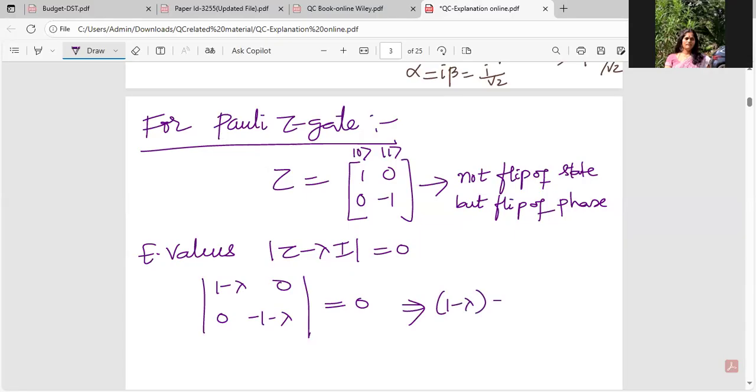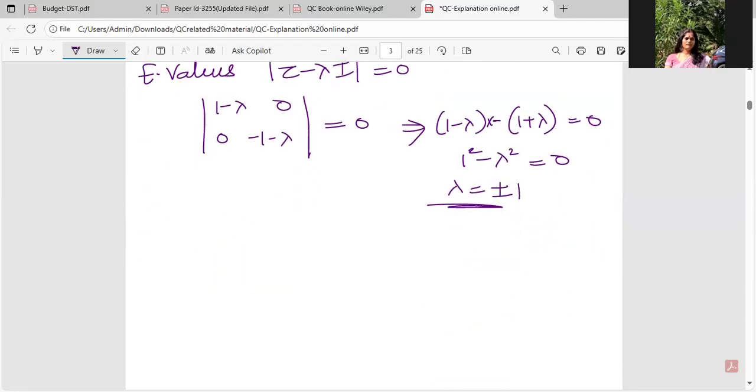Of course, I can take out minus and I'll have 1 plus lambda, with a multiplication sign in between. I hope I'm not confusing. A minus B into A plus B format. 1 square minus lambda square is equal to 0. Lambda is equal to plus or minus 1, which are my eigenvalues. Hence, I will be finding eigenvectors, immediately without loss of generality.